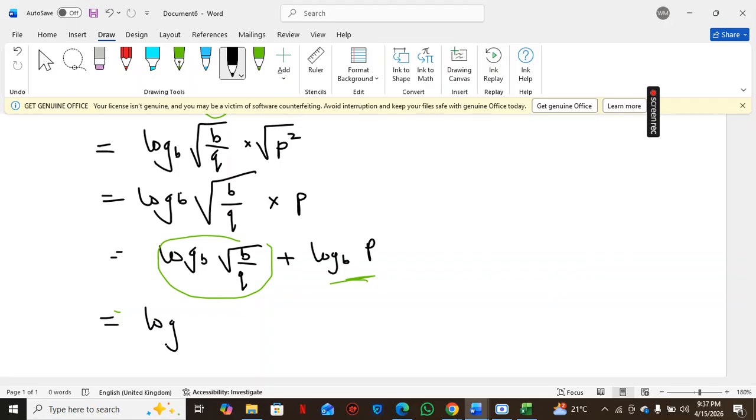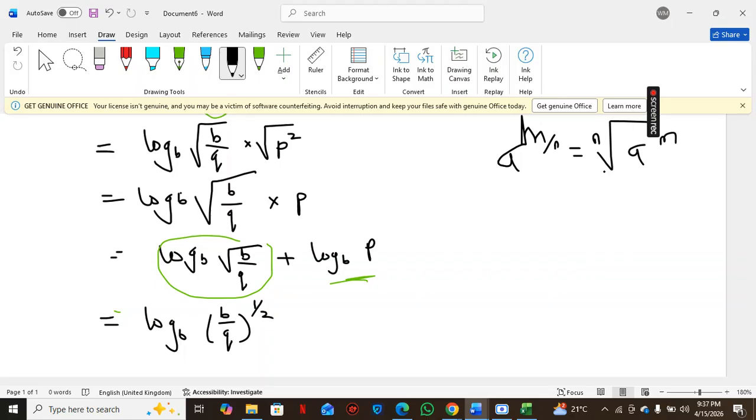So this square root is the same as the power half. So we say log base b of b over q raised to the power half. Colleagues, this is a law of indices: a to the power m over n is the same as the nth root of a to the power m.